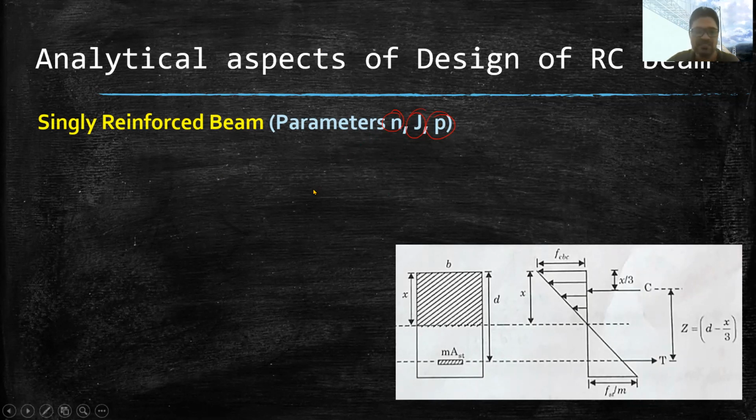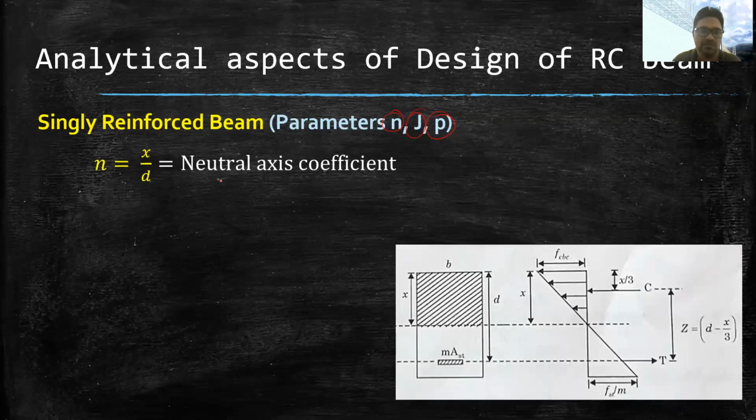Now n is basically called the neutral axis coefficient, and n is the ratio of x by d, this x and this d. So the ratio of x by d is called n, the neutral axis coefficient. Sometimes we use this n value in our design and analytical questions.